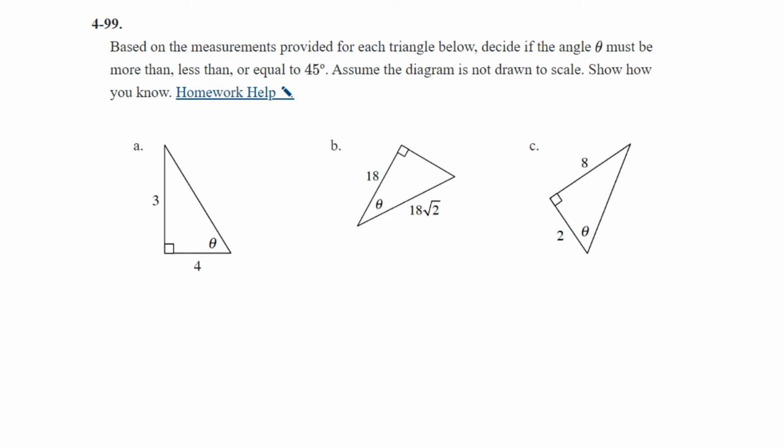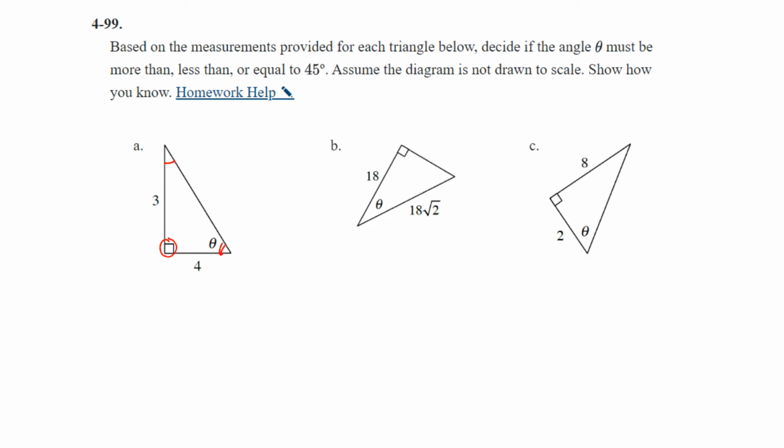Question 99. Based on the measurements provided for each triangle below, decide if the angle theta must be more than, less than, or equal to 45 degrees. Assume the diagram is not drawn to scale. Show how you know. So in part A, you have a right triangle. So we know that the 2 other angles on the triangle must have a sum of 90 degrees.